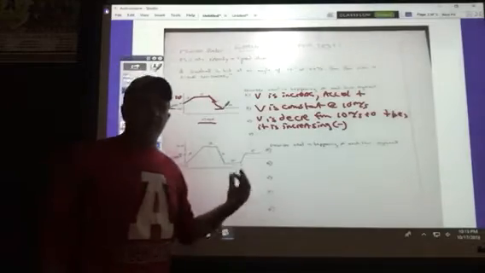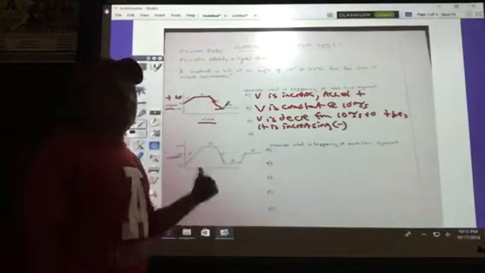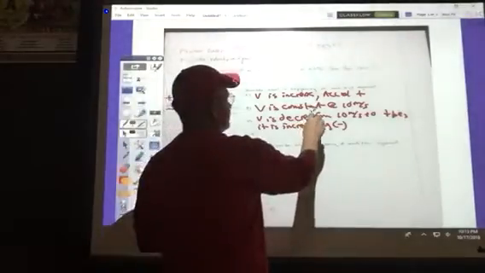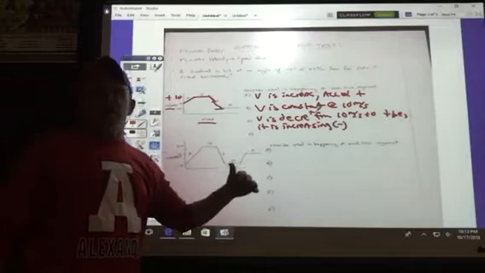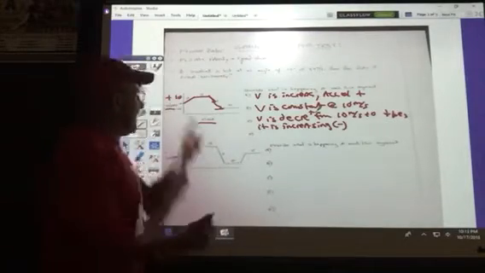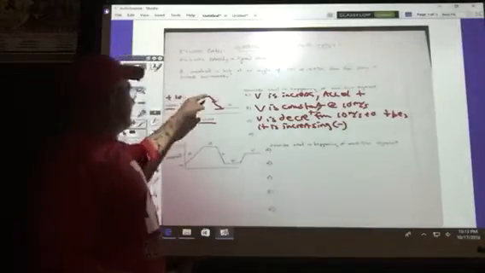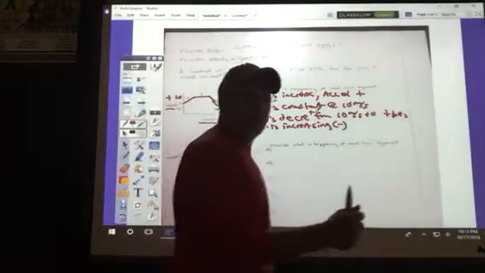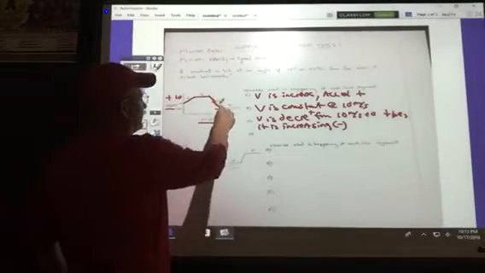Even though my slope is negative, I have a decreasing positive velocity, but when it gets to 0, it's speeding up going backwards. So it's moving at 10 up here, then it slows down to 0, and then it starts backing up and going faster backwards. That's what's going on right here.